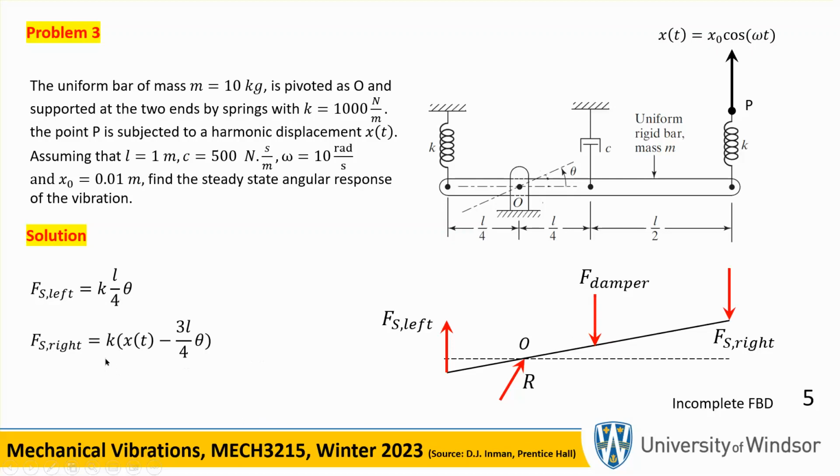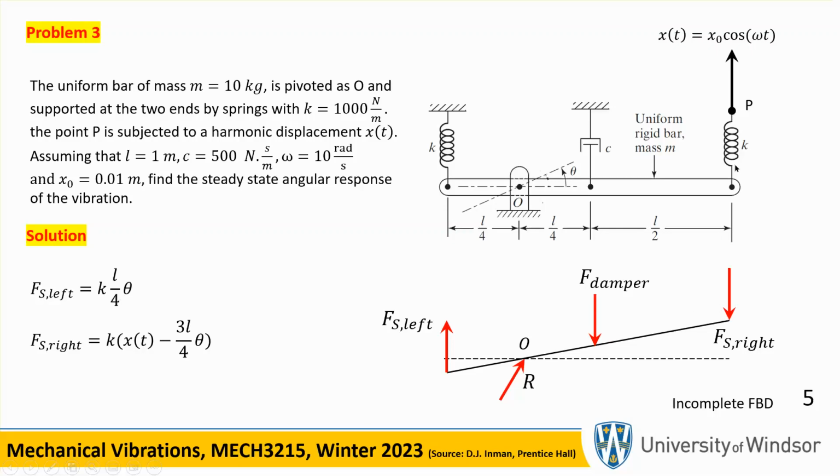Remember, before I do the damper, let's go ahead and look at the spring on this side. First of all, this point goes up, right? This point goes up, and the end of the rod also goes up by the amount theta times 3L over 4.